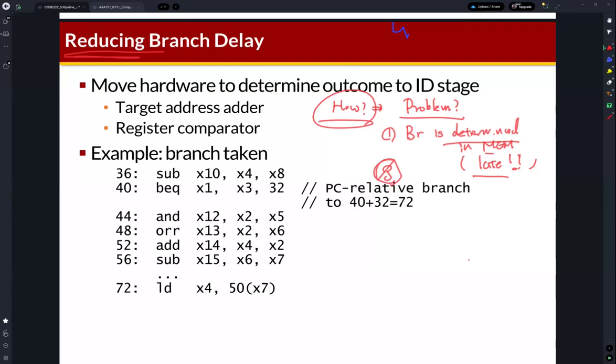And what is the solution? The solution is that if the branch is determined earlier, then we can reduce the wasted cycles, right?